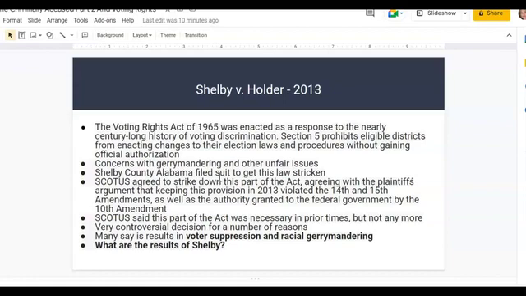And a certain provision, Section 5, was supposed to remain in place indefinitely, some would argue, that said certain districts that had a lot of issues and troubles in their past when it came to racial discrimination and gerrymandering, that they had to get pre-approval from the feds before making any changes to their election laws, the way they carved up districts, or their voting procedures. They had to get federal approval of these changes, pre-authorization before they could make those changes.